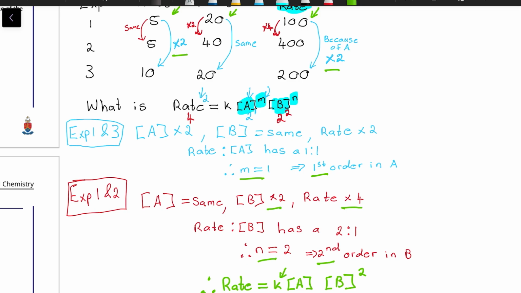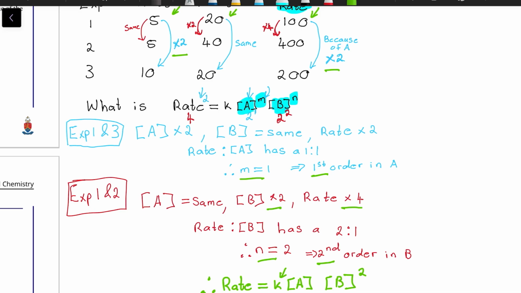And this is how you can see any kind of relationship. So let's say, for example, you doubled the reactant concentration, but the rate halved. What would the relationship then be? I mean, you can go and think about these kinds of relationships, how they manifest.